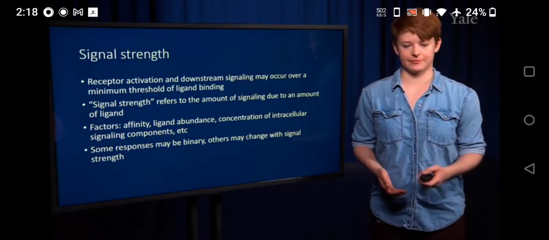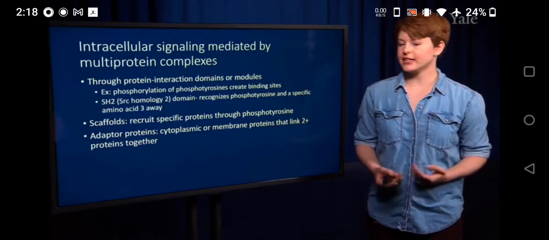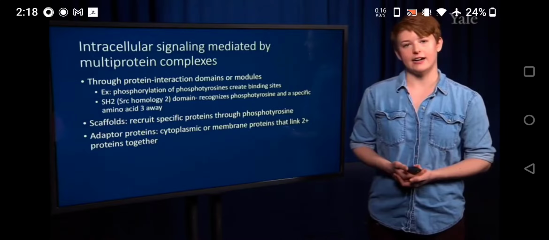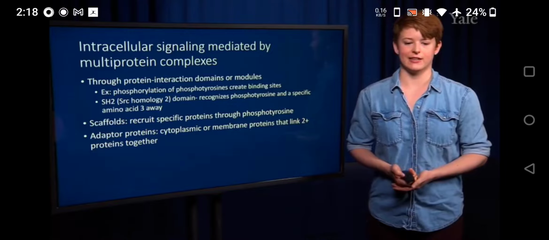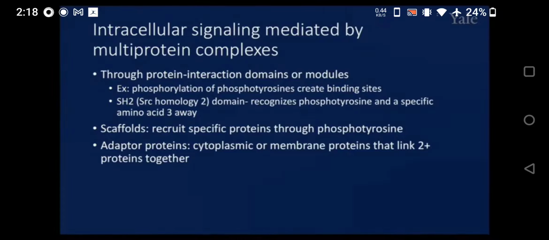Intracellular signals are also mediated by multi-protein complexes. And this is through protein interaction domains or modules. This links back to that idea of phosphorylation by tyrosine kinases. And this creates binding sites for proteins to come together to form multi-protein complexes.